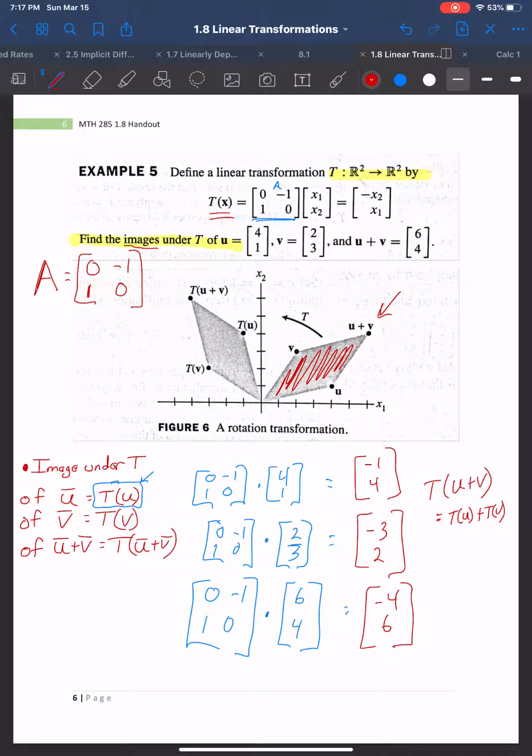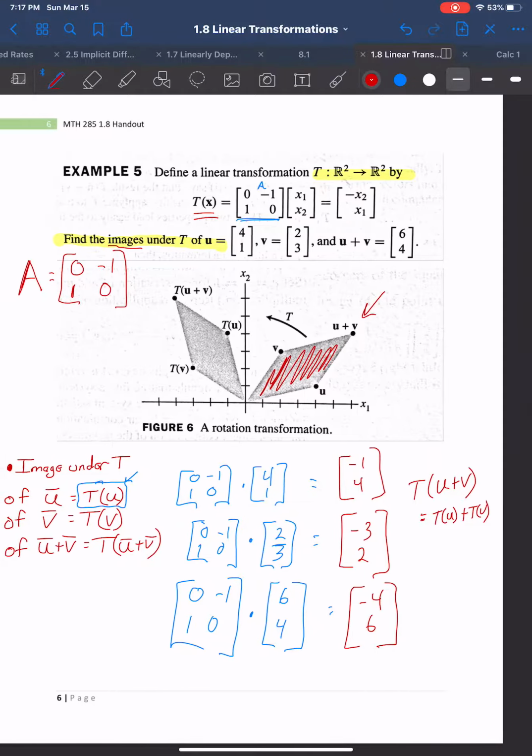That is exactly what we were discussing earlier. It's one of the criteria that needs to be met when we're talking about linear transformations.